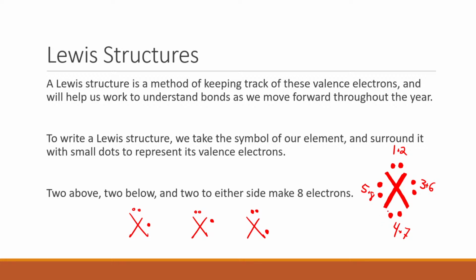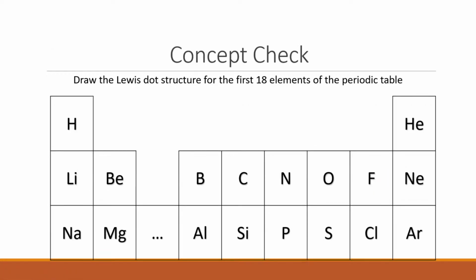Now, we're going to do a little bit of practice right now. And the practice that we're going to do is drawing the Lewis dot structures of the first 18 elements. I'm going to put this up here to remind us of the correct way to place our electrons. Right, first and second, third, fourth, fifth, sixth, seventh, eighth.